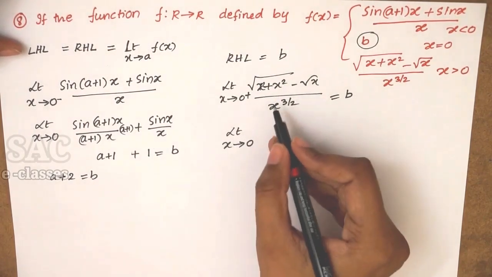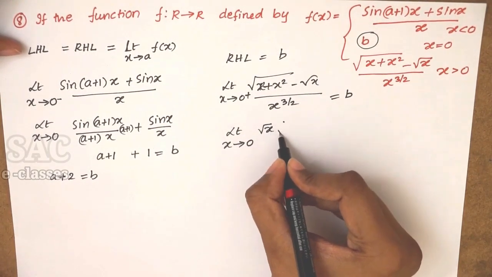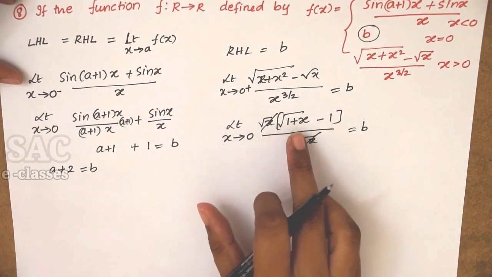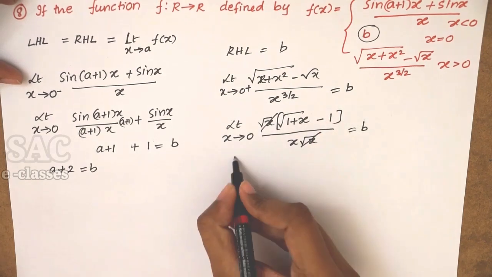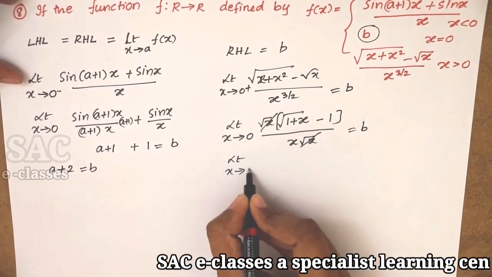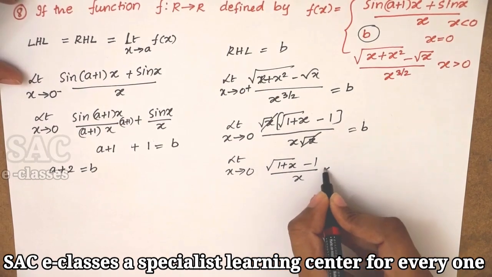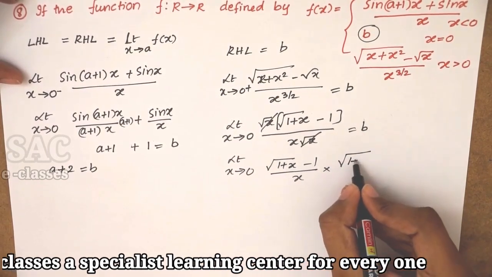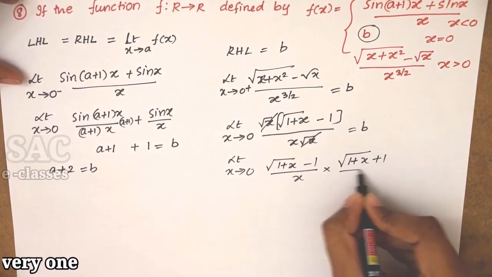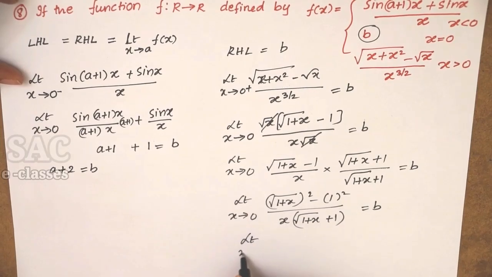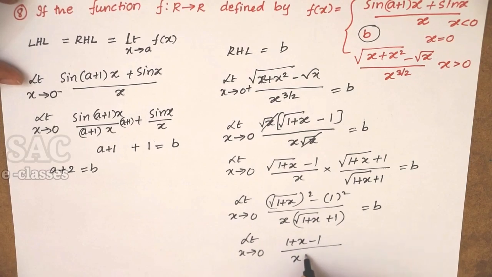If you observe here, let me take out root x as common. Now if we apply the limit, we are getting 0 by 0 form. So go for the rationalization in order to simplify. I am rationalizing with the help of the numerator. The limit x tends to 0, (1 plus x minus 1) by x into (root over 1 plus x plus 1).